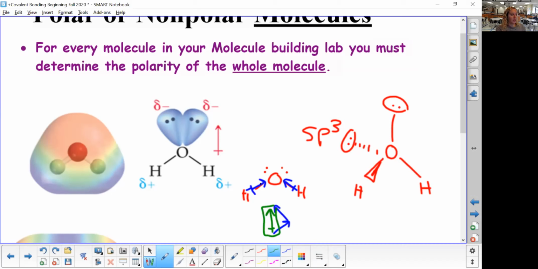So you can look at the individual bonds, and if they are polar, then, if you remember your vector addition from your force and motion class, lining up tail to tip, you can think about whether that makes sense for you. This is going to have a dipole moment. If a molecule has dipoles that do not cancel each other out, it's going to make the molecule polar.